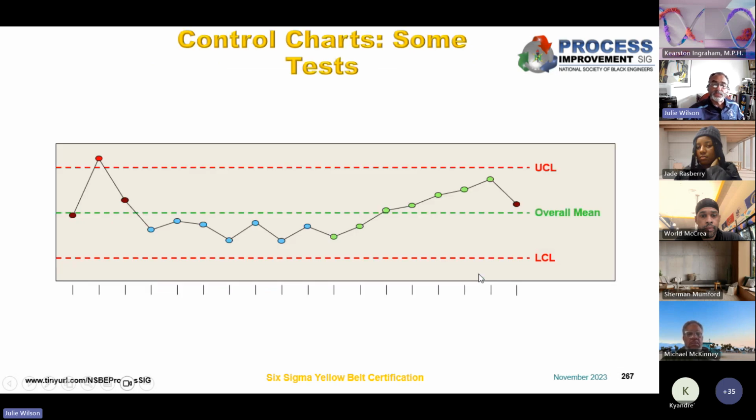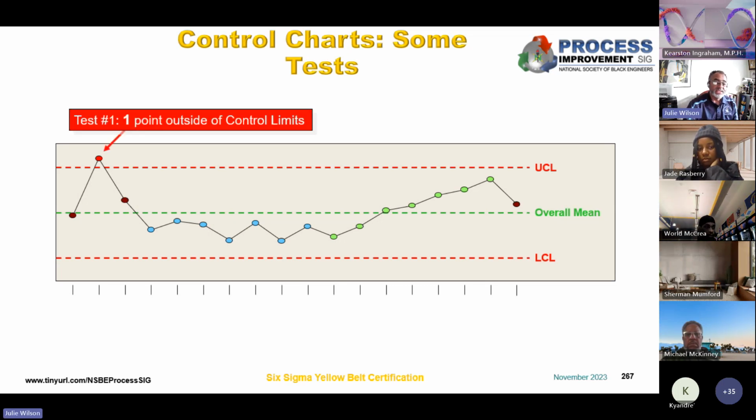Now, what control charts do is they actually perform a series of statistical tests, and they give you a signal that tells you that something is wrong, so that you need to make an adjustment. There are over a dozen different tests that you can have in your control charts. Here are some of the basic ones that are very common.